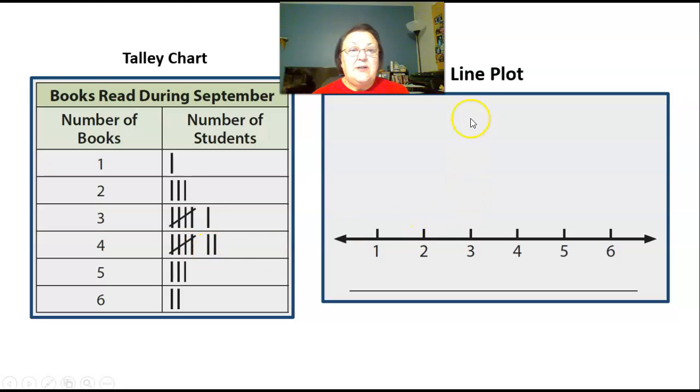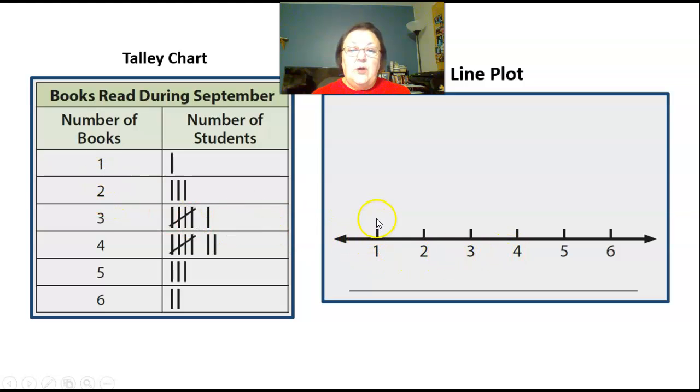So this here is the line plot, and we did this also for birthdays, and basically to transfer this information from the tally chart to the line plot, we would just simply put our title down here, books read during September, and this represents the number of books.